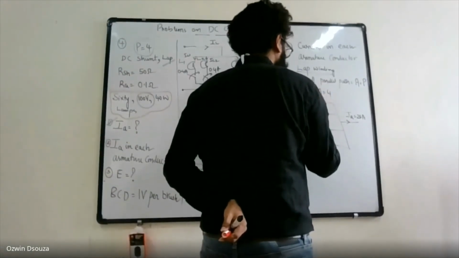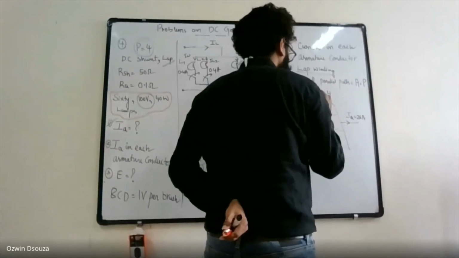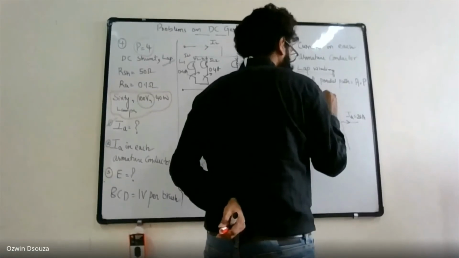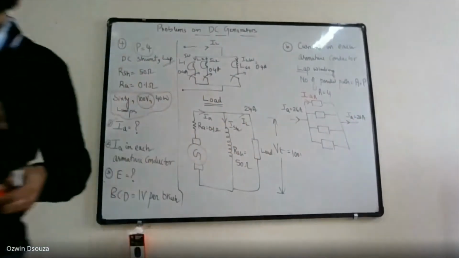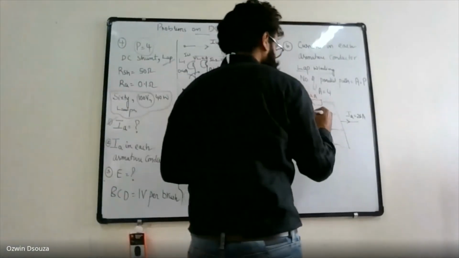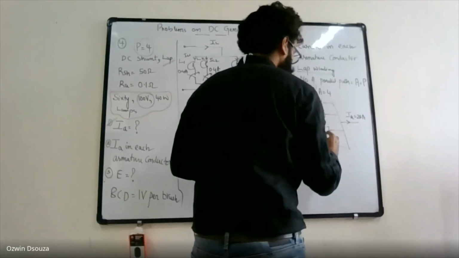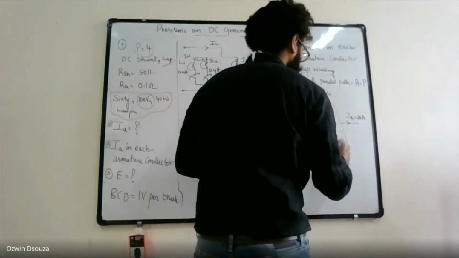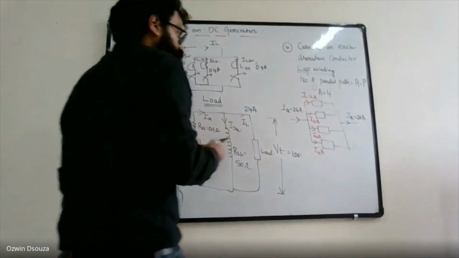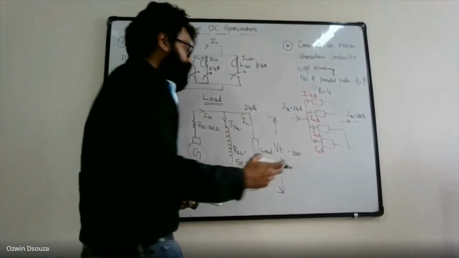IA is the armature current, and capital A stands for parallel paths. That is the current found in each parallel path. So this is also IA, with conductors equally distributed in the parallel paths.